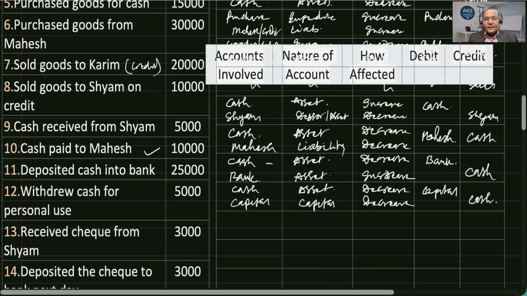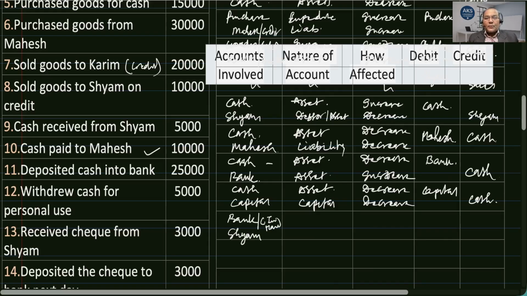Now, the next one that we will take up: received check from Shyam. When we are receiving a check from Shyam, what is the entry we are supposed to do? Which are the two accounts involved? Bank, because a check is received, or possibly check in hand, and the second one, Shyam.